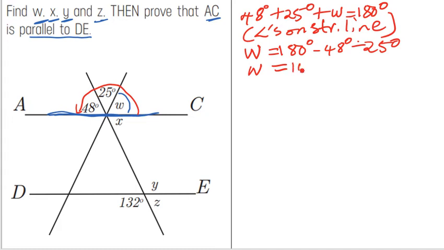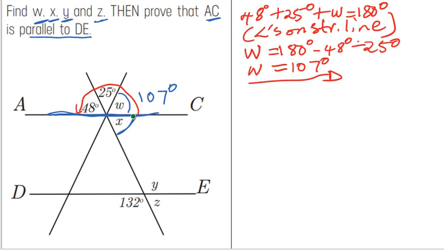I get 107 degrees, which means angle W is 107 degrees. Now let us find angle X.